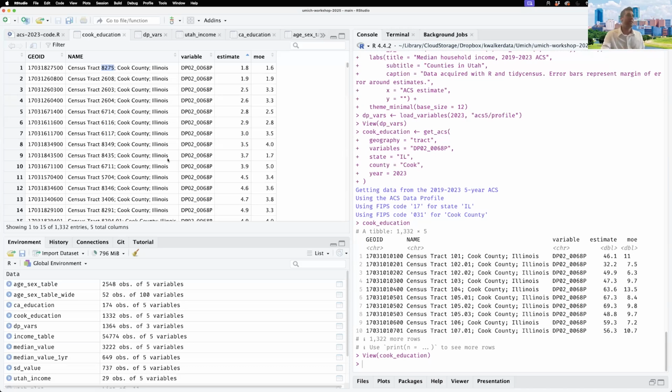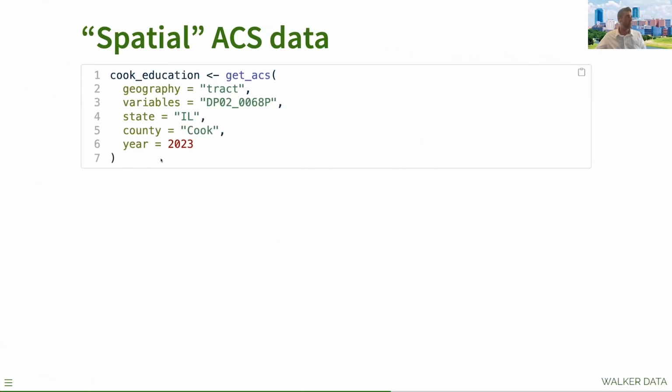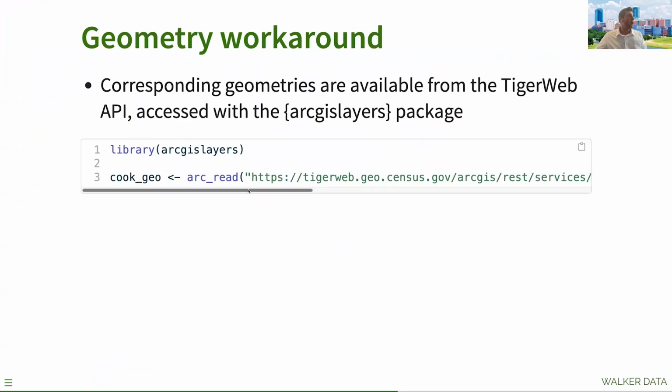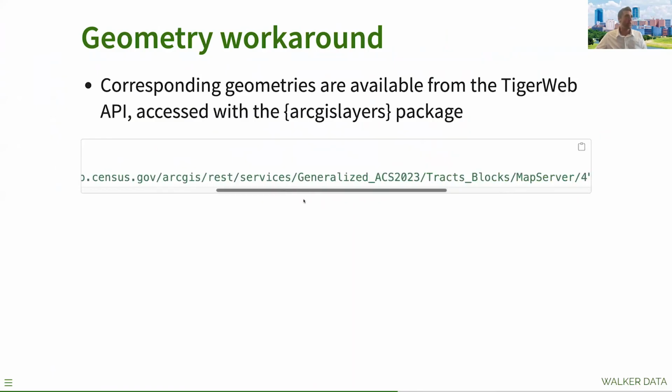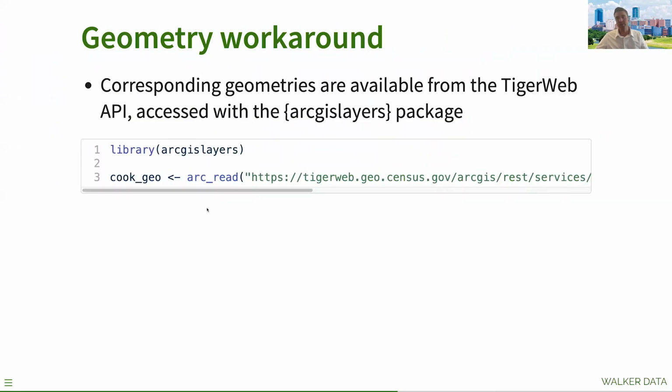While all the TIGER/Line shapefiles are currently offline, they are online from an API, the TIGER Web API. tidycensus pulls from the census shapefiles on the Census FTP server. It doesn't pull from the TIGER API, but there is an API. And as of right now, it's not down.